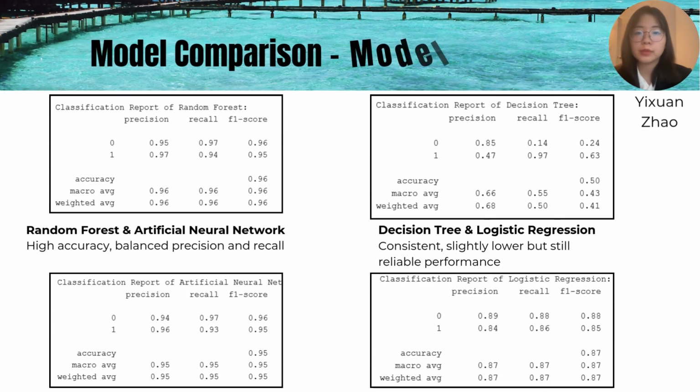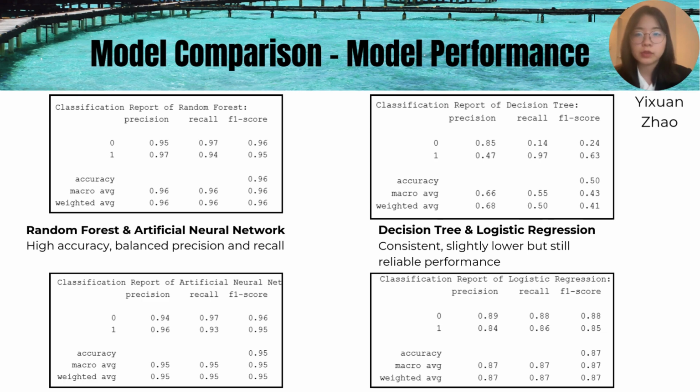In terms of model comparison, according to the classification report, both random forest and artificial neural network show the strongest performance. Not only did they achieve 96% accuracy, but they also maintained an excellent balance between precision and recall.